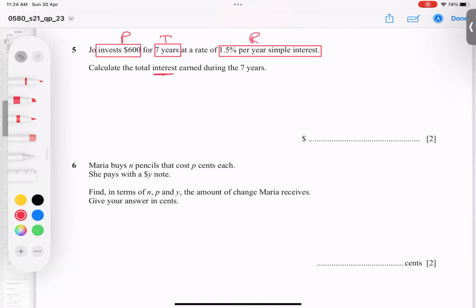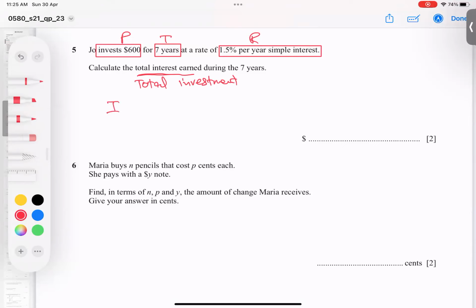But I will add an extra part. He asks you total interest, or he asks you total investment. Total interest earned in 7 years, or total investment. These two terms he normally uses.